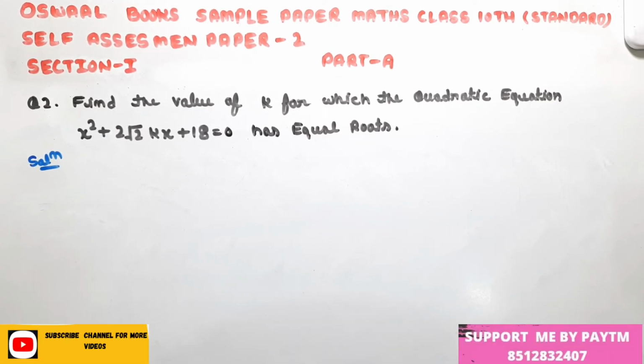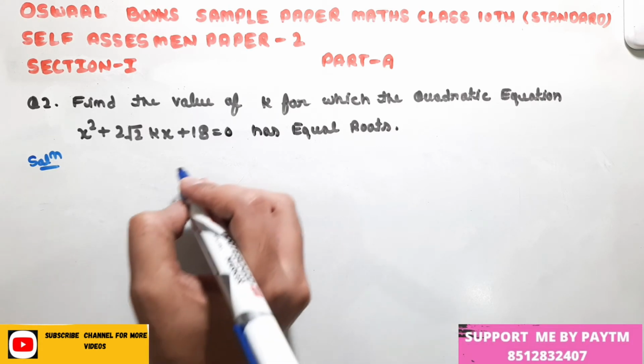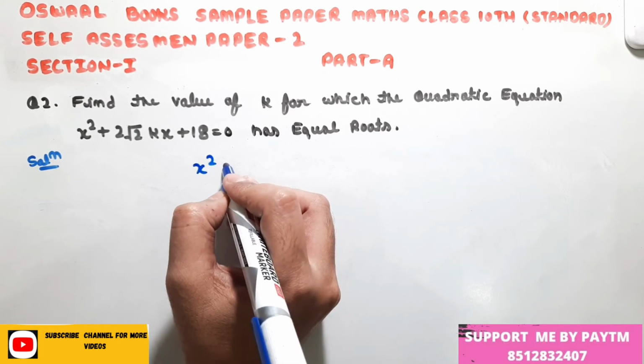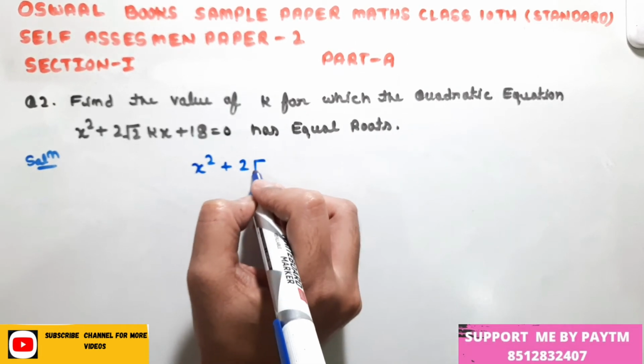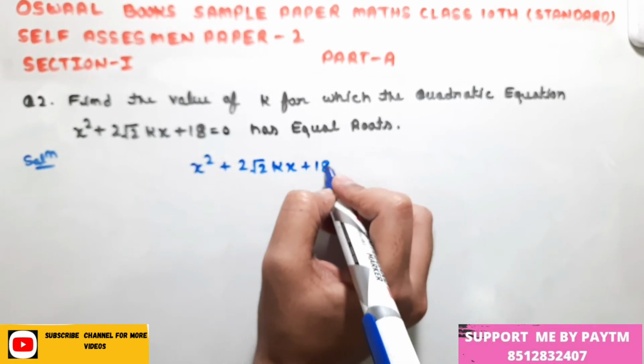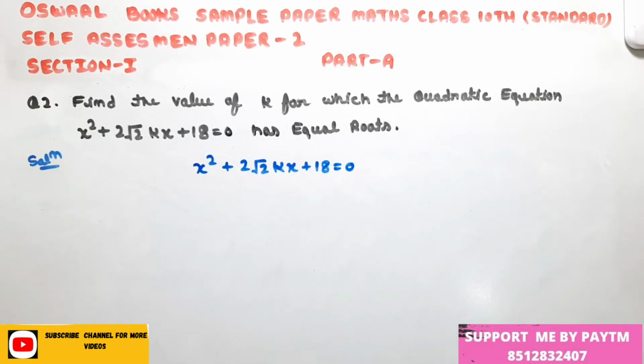Question number 2. Find the value of k for which the quadratic equation x square plus 2 root 2 kx plus 18 equals to 0 has equal roots. In this problem, we have given a quadratic equation x square plus 2 root 2 kx plus 18 equals to 0.